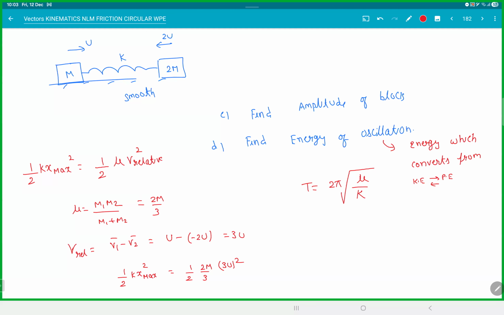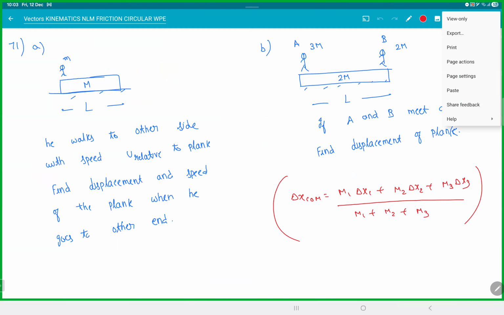Let's see. So what is actually happening now? You can see this theoretically.